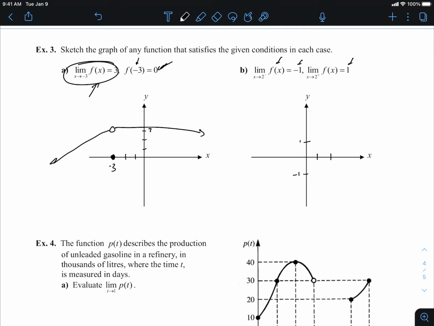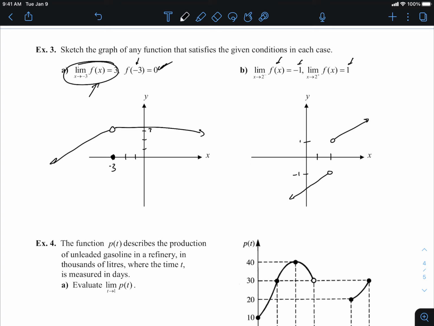So let's put on these two points. When x approaches 2 from the left, something like this, my y value is going to be -1. And when x approaches 2 from the right, we get 1.